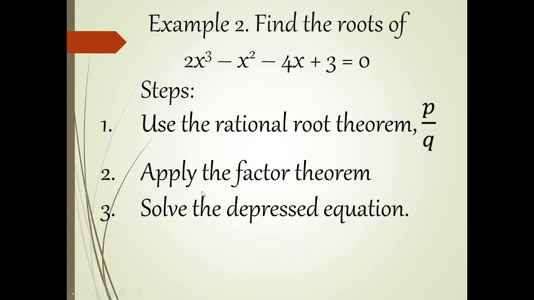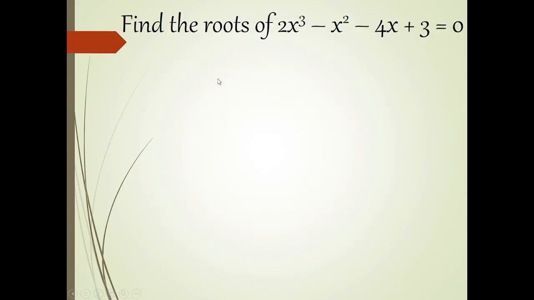So moving on. So let us continue. Here in the polynomial equation, we will get the value of p from the constant 3. So this is our p. And we will get q from the leading coefficient, which is 2.